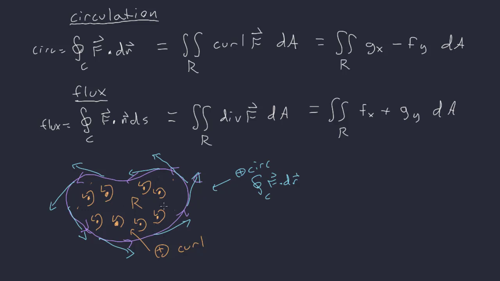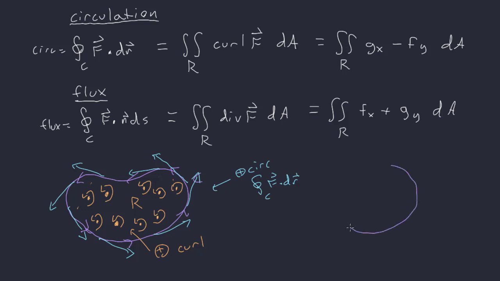The curl is the tendency for points within the vector field to rotate. So you can think of all of these little guys in here rotating, and if they're all rotating, you could expect that the vector field along the path will be rotating around this region in the same way that all these little points are rotating. I think this is really fascinating.